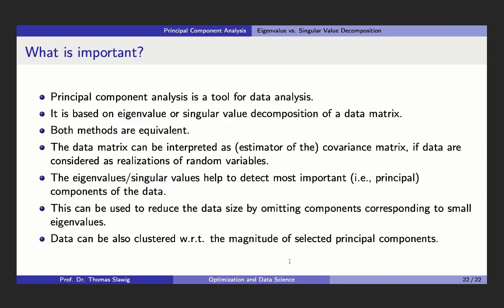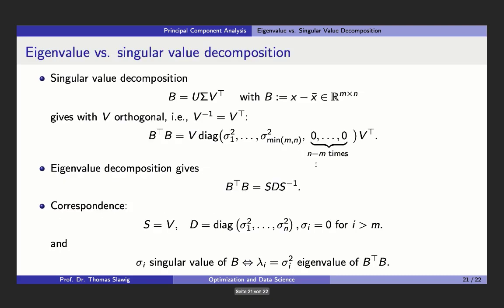Yeah, okay, that's it basically. We saw principal component analysis, a tool for data analysis. We can base it on eigenvalue or singular value decomposition. They are both equivalent in some sense. And the data matrix that we treat can be interpreted as a covariance matrix, because in this example, we used X minus X bar, and then B transpose B with a factor is an estimator for the covariance.